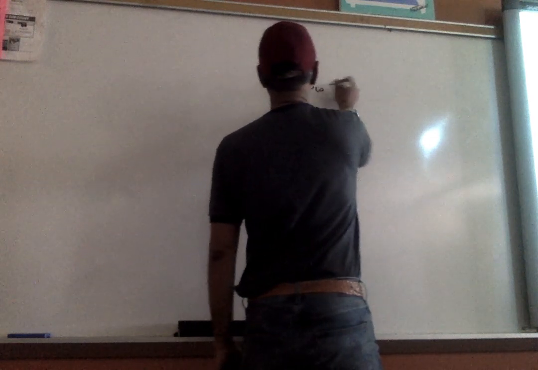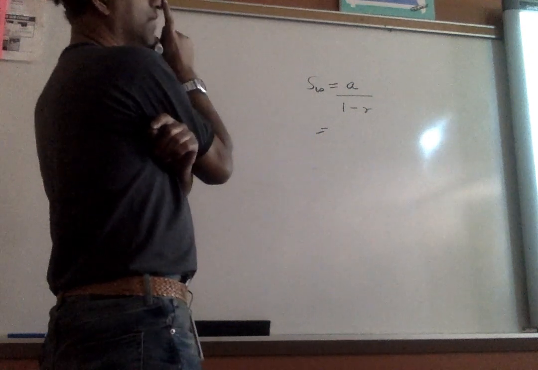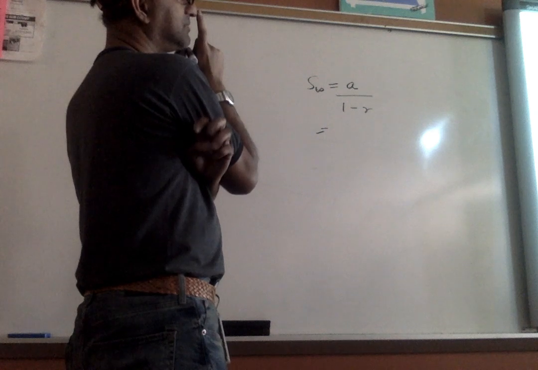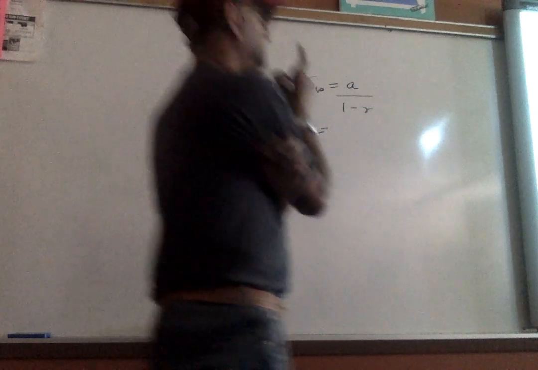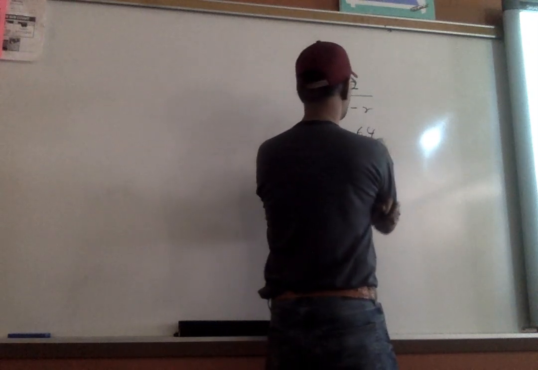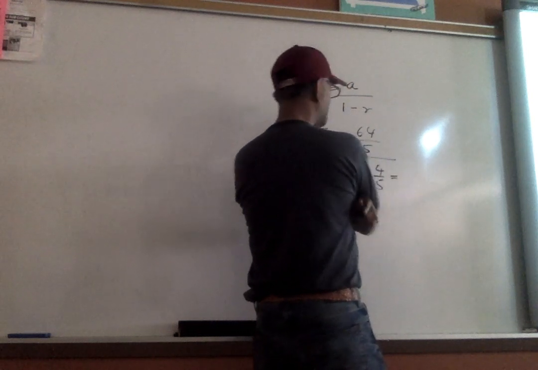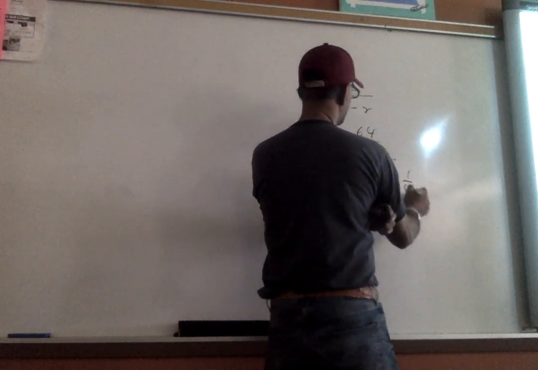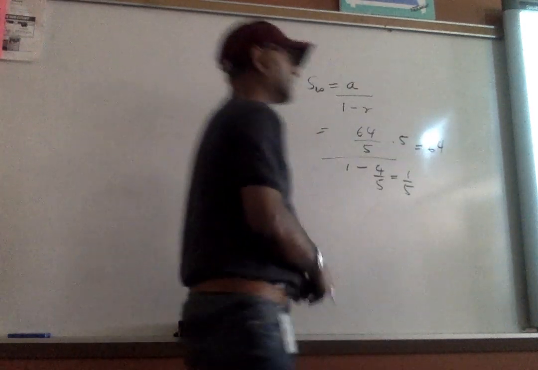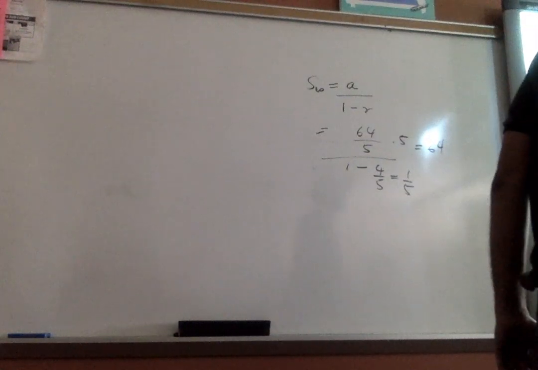So S infinity equals the first term over 1 minus r. Plug in the 1 and tell me the first term. It's a weird number, 64 over 5, because 1 plus 2 is 3. We plug in the lower index. So 64 over 5 over 1 minus 4 over 5. 1 minus 4 over 5 is 1 over 5, multiply to get the final answer. It converges to 64. They're not difficult problems. Series problems are not difficult.